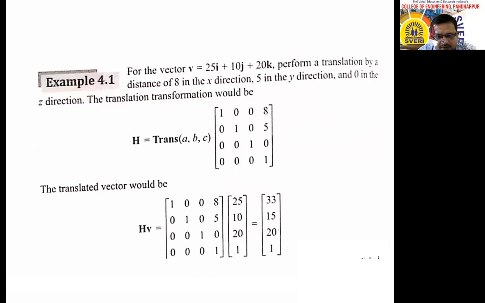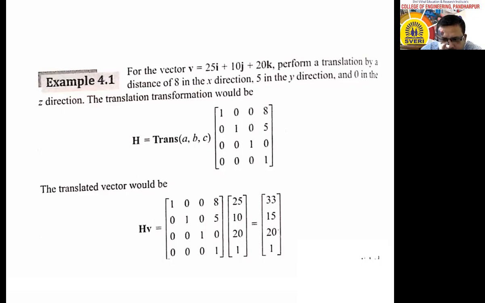Example 4.1. For the vector V is equal to 25i plus 10j plus 20k, perform a translation by a distance of 8 in the x direction, 5 in the y direction and 0 in the z direction. The translation transformation would therefore be H is equal to the translation of ABC, the matrix 1 0 0 8, 0 1 0 5, 0 0 1 0, 0 0 0 1.